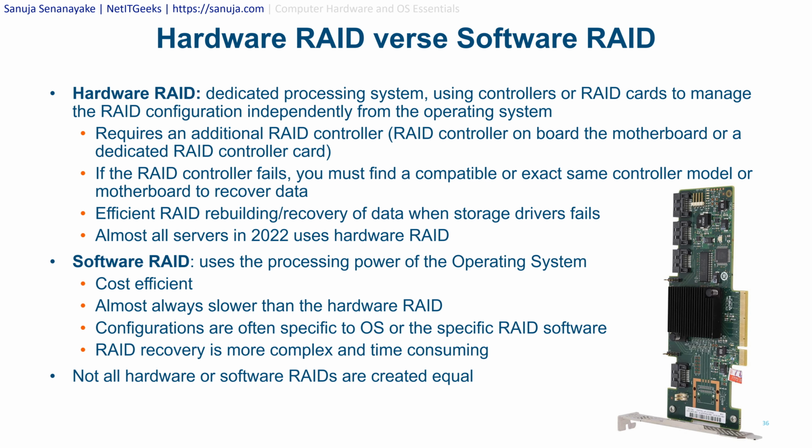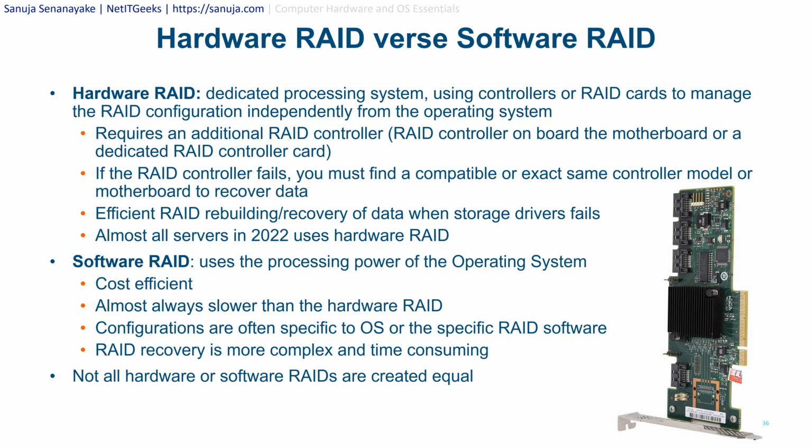With hardware RAID, you need to get an additional RAID controller, also known as a RAID card sometimes, and that controller will be responsible for the hardware RAID configuration. RAID controllers on the motherboard or dedicated RAID controller cards are the two options that you have.